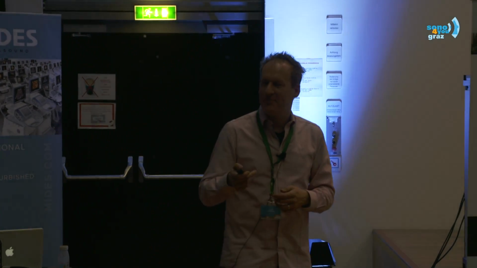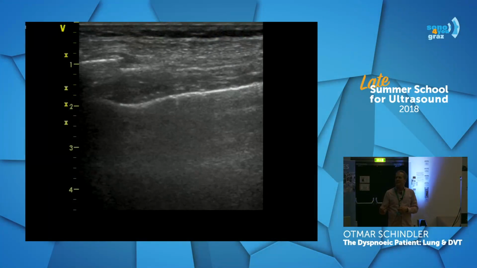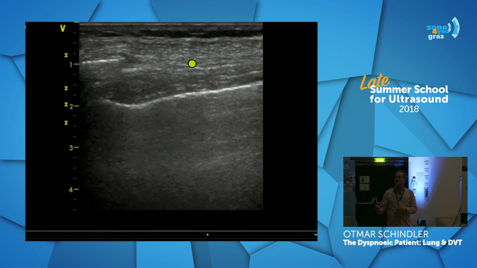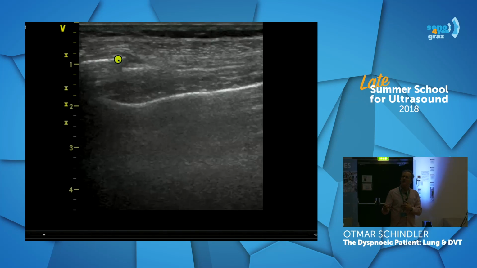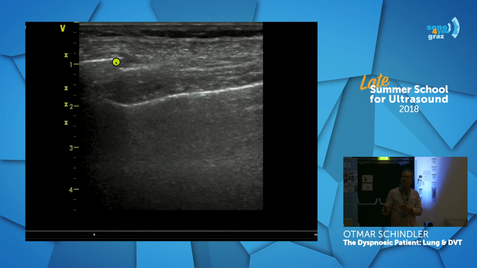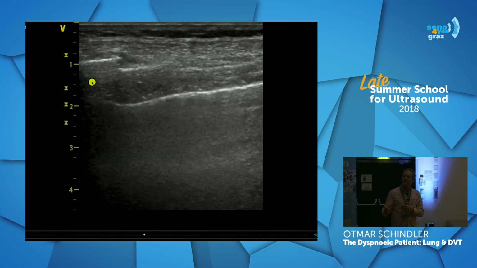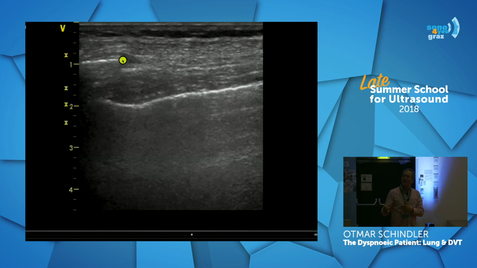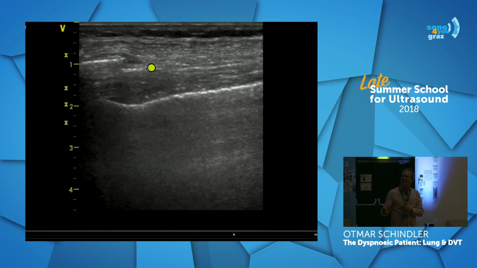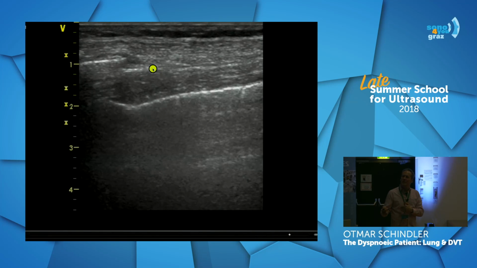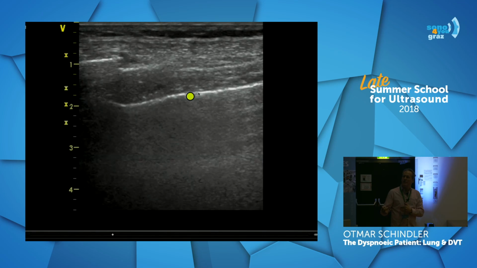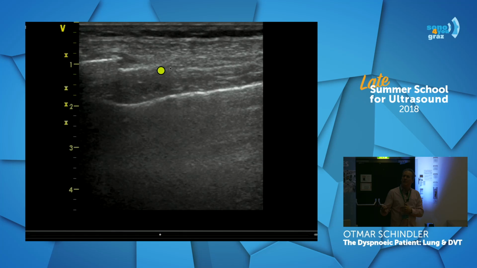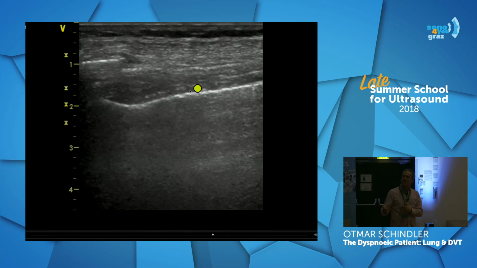That's the picture, and you are right. Behind the rib, you couldn't see the lung. That's why I rotated a bit out. Here you see the rib margin quite well, and you don't see the lung sliding behind. Here's the fracture, and here you can't really see the rib anymore. So I'm at the lower end of the rib, and I don't see the rib anymore in the picture. So then I can see the lung sliding here.